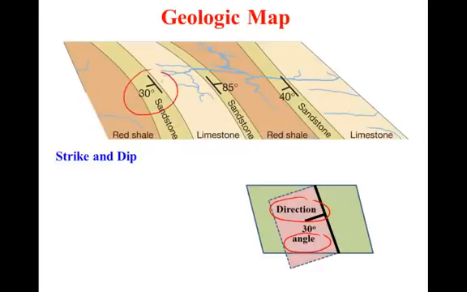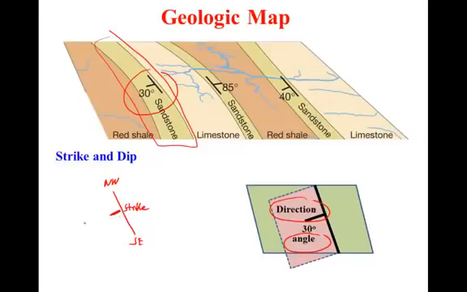For example, the strike and dip for the sandstone layer is shown on the map. Where sandstone outcrops on the surface in this part of the map area, its orientation was measured. It strikes in a northwest, southeast direction. This is strike. And it has a dip that's perpendicular to strike.